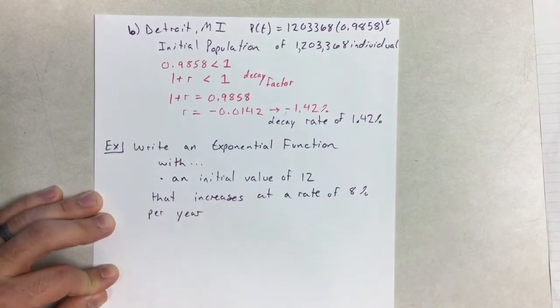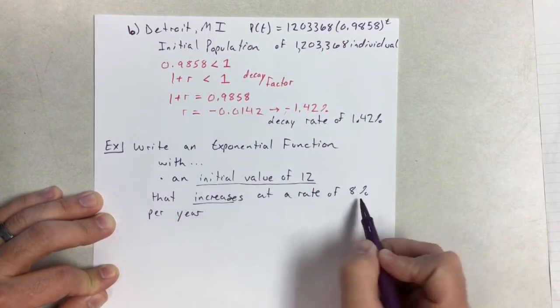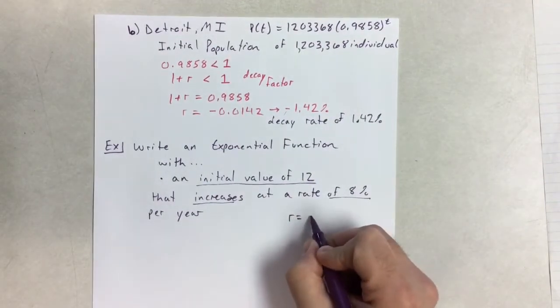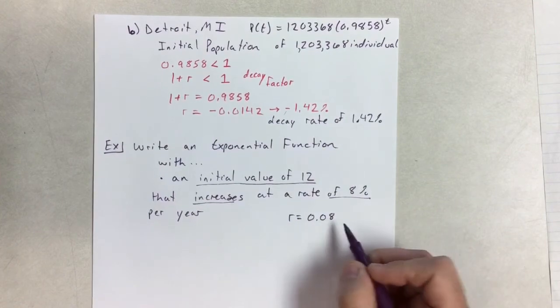Okay, so we have our initial value and we have our growth rate. So our rate in this situation is 0.08, converting our percent to a decimal.